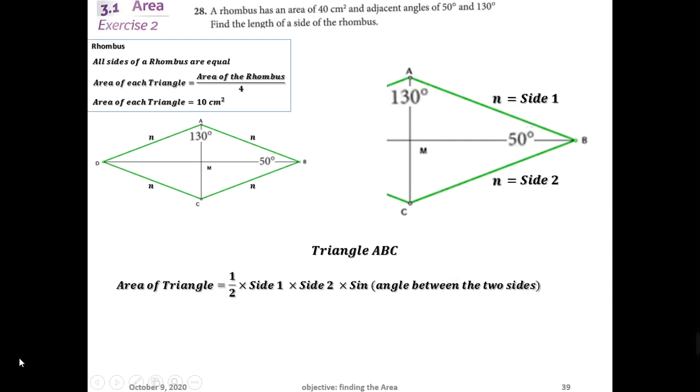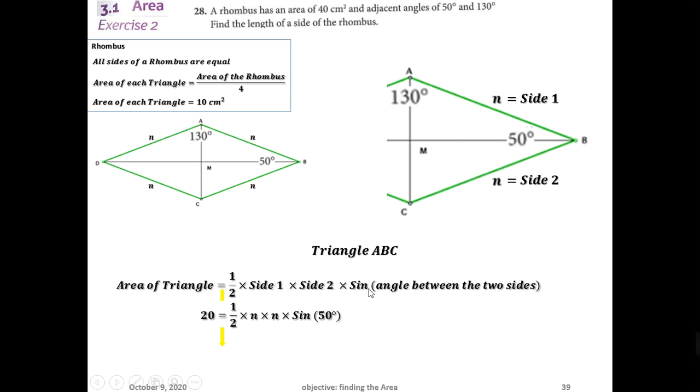And the area of the triangle is not 10. Why? Because I have two right angle triangles. So the total area of triangle ABC is 10 plus 10, which is 20. So we replace the area of triangle ABC with 20 centimeters squared, equal to half times n times n times sine of 50 as following.